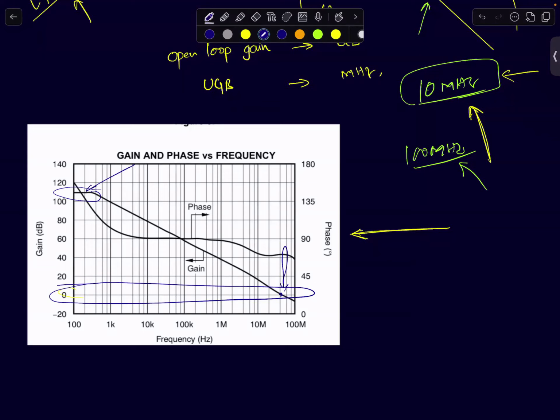Okay, so DC gain helps you if your input signals are, for example, being used in a weight measurement. In a weight measurement system, once you stand on top of a weighing machine, your weight is not going to change, right? So it's like a DC input. You are going to wait for a second at least. When I say DC, it doesn't mean it has to be constant for all time.